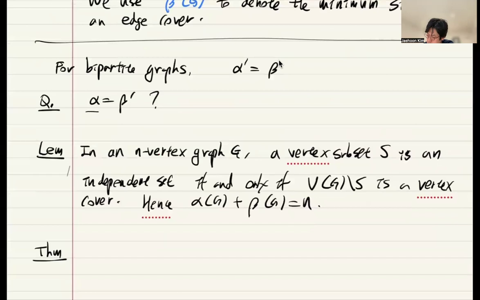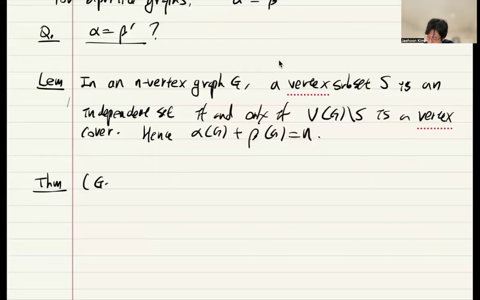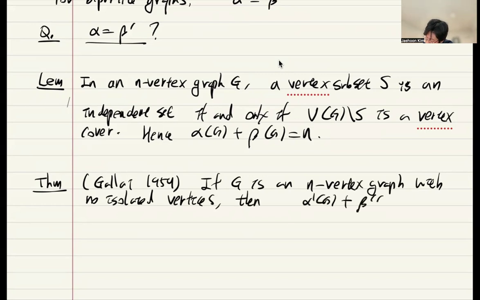And in order to prove this equality, we only have to prove the following theorem by Gallai. If G is an n-vertex graph with no isolated vertices, then alpha prime of G plus beta prime of G is also n.